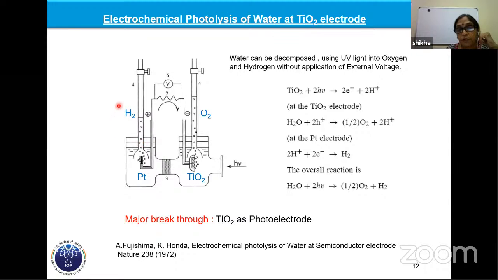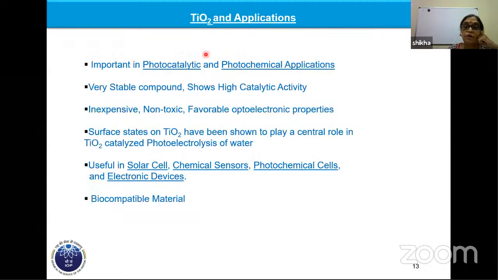And this production of hydrogen can be used for the hydrogen fuel cell. So this was considered a very major breakthrough, and Fujishima and Honda achieved this photocatalysis of the splitting of water.